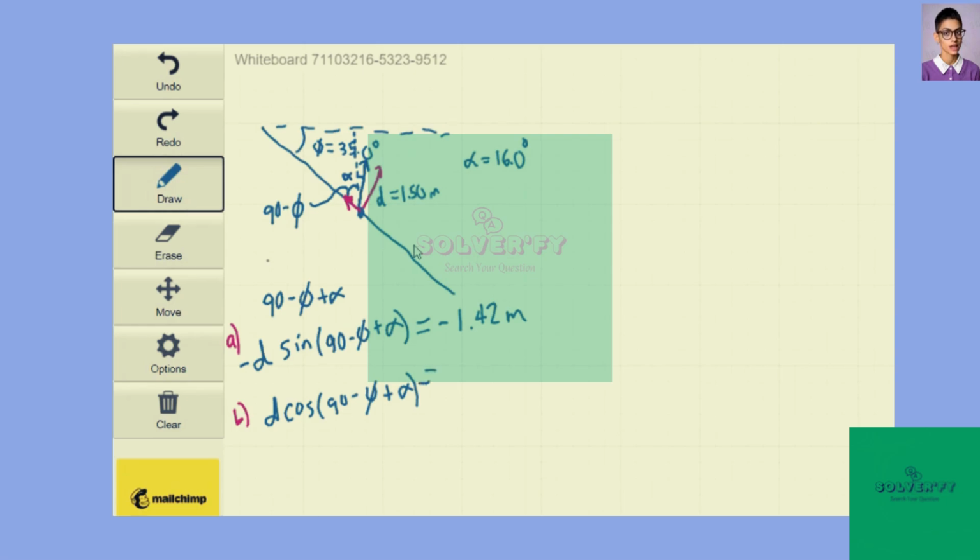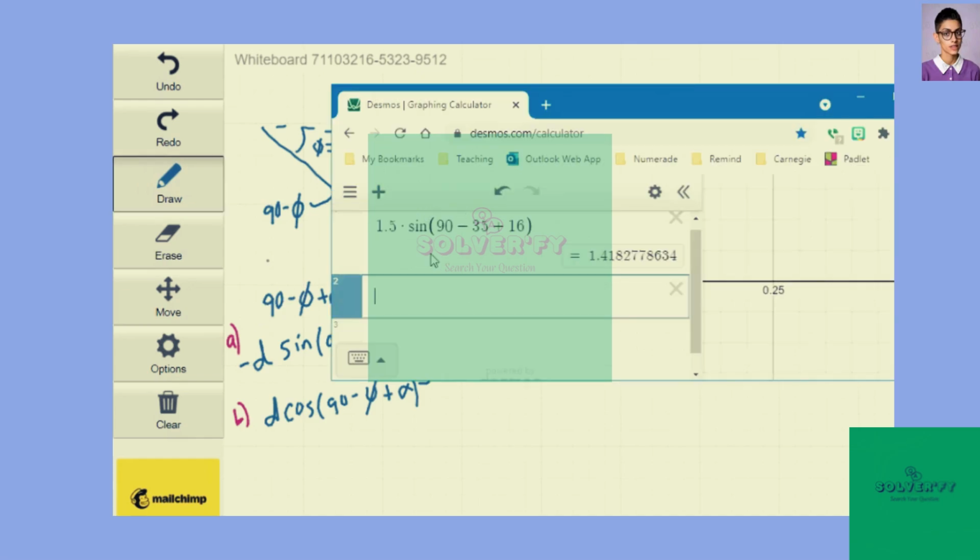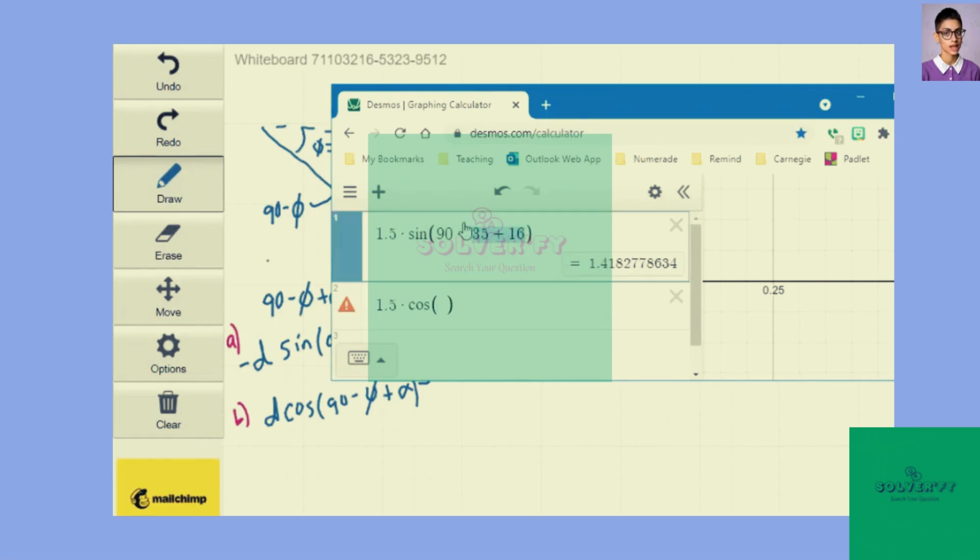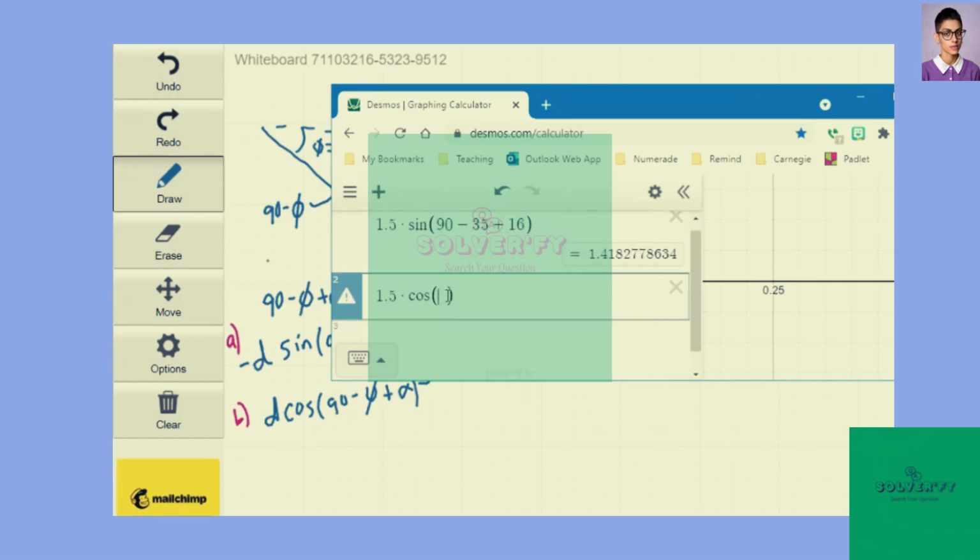Now, the other one's going to be positive. So then I get 0.488.